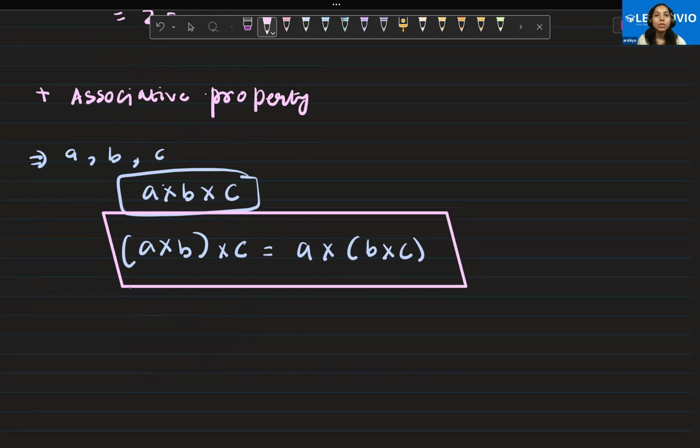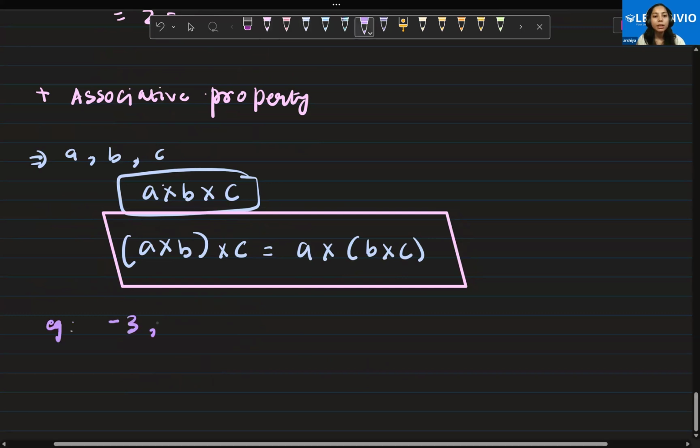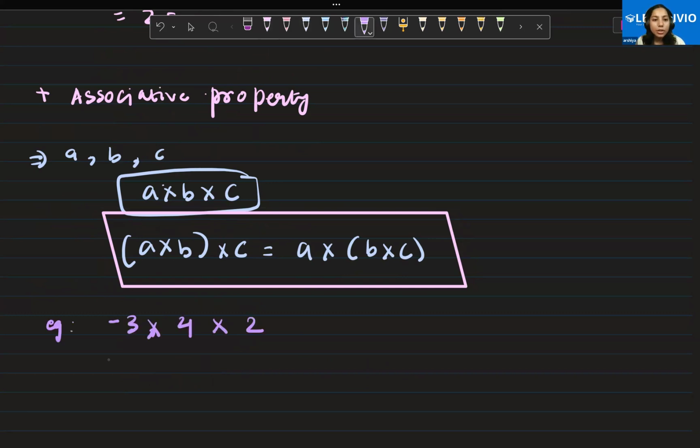Let's say I have negative 3 multiplied by 4 multiplied by 2. What I can do is multiply negative 3 and 4 together, then multiply the answer with 2. This will be equal to what?